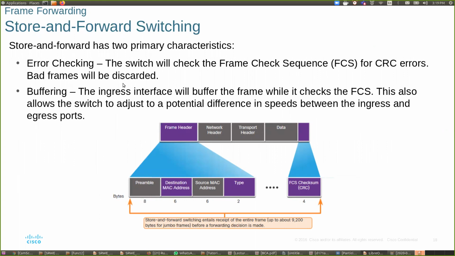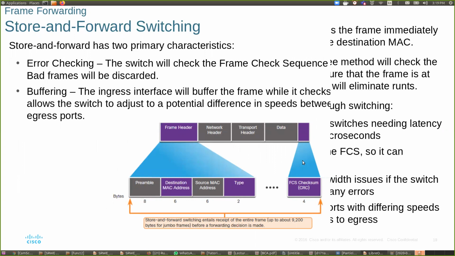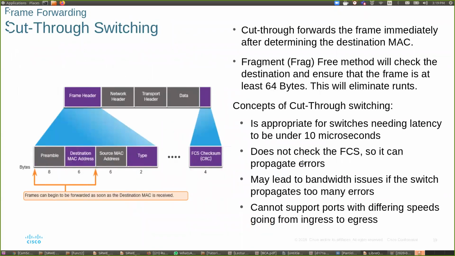So you can see this is an example of store and forward: the switch has to wait until the entire frame is completely received. In the cut-through, the moment the destination MAC address is captured, the switch will start to forward the frame.